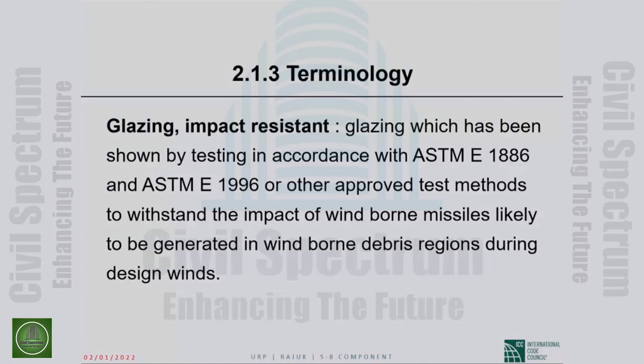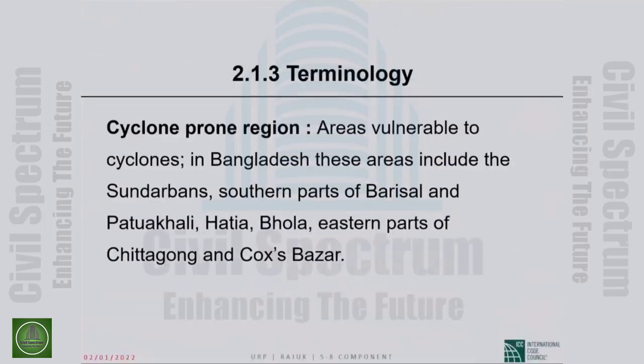So there is a small missile test and a large missile test that the glass has to undergo before it can be sold to you. So impact resistant glazing, glass that will remain intact upon impact from small missiles and large missiles. I think that's probably enough of a description.